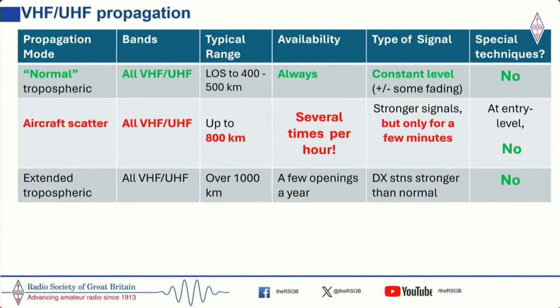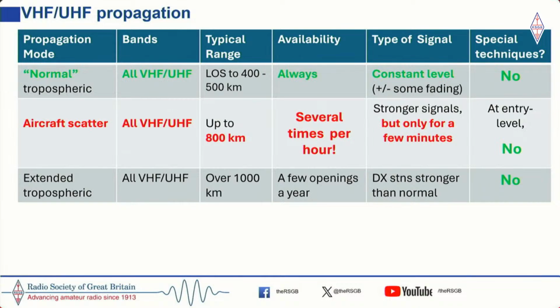So we're getting distances from a few hundred kilometers up to about 800 kilometers, which is the range that you get in a single hop using an aircraft at the top of normal commercial cruising heights, about 40,000 feet. You're going to have to excuse the mixture of units, but as you're probably well aware, the aviation industry measures its heights in feet.